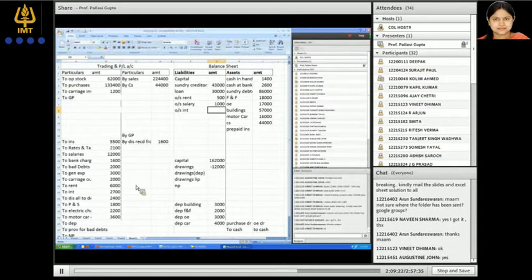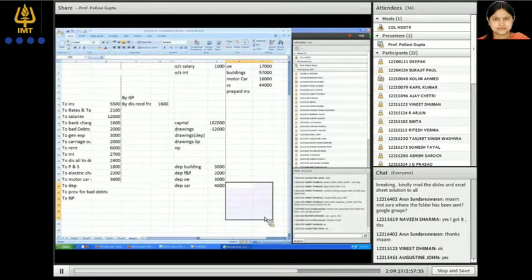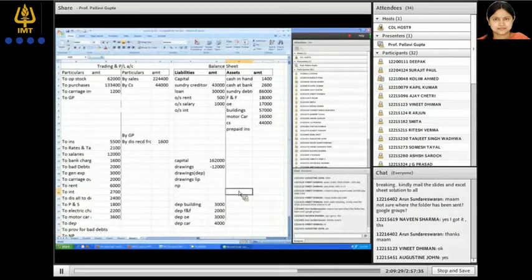Any doubt relating to the first four adjustments?